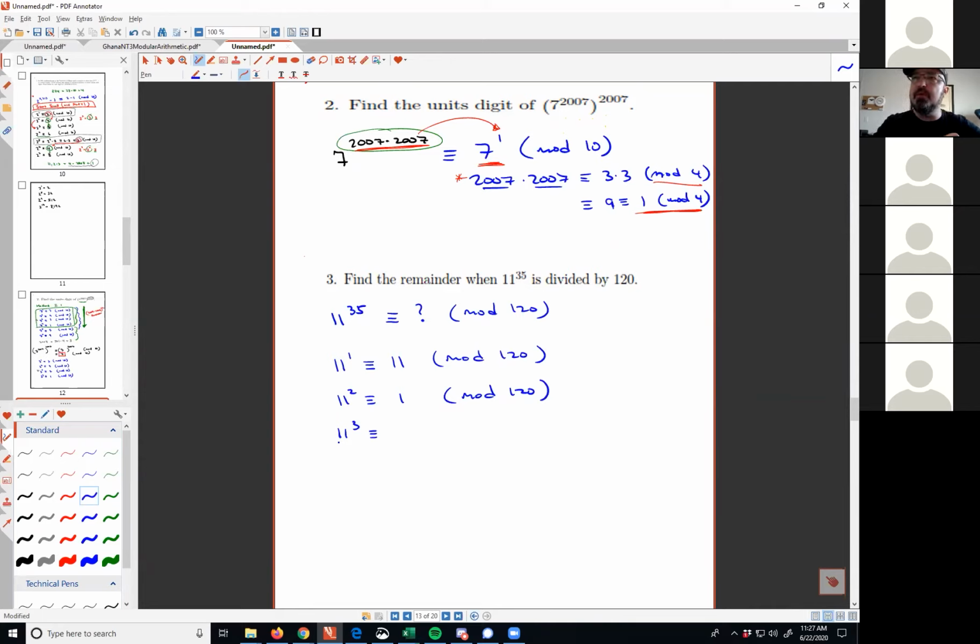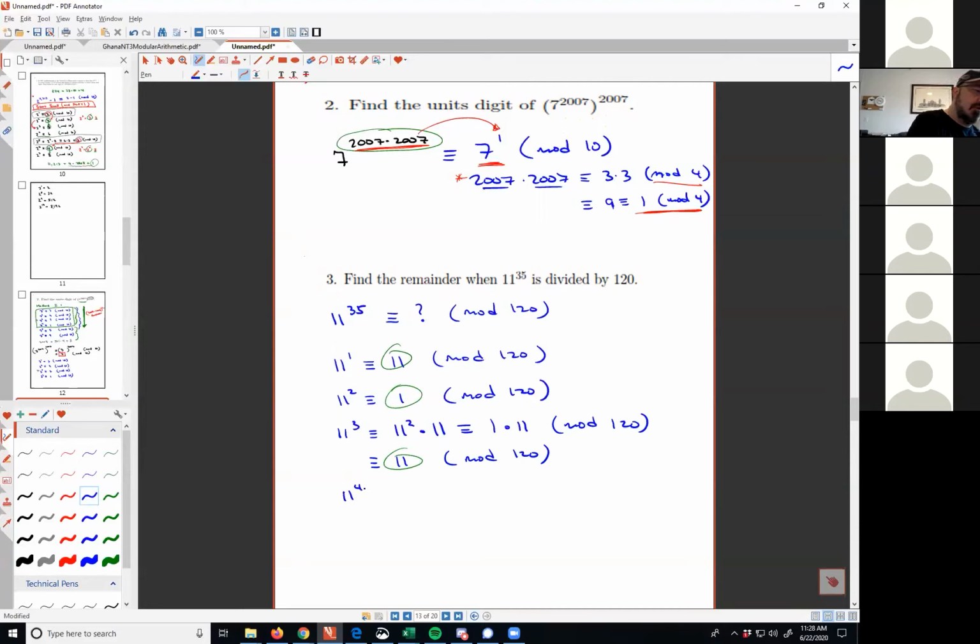We're looking for what we get when we divide by 120. Oh, 121. Is it 11? So it'll be 11. It's 11 squared times 11, and we already know that 11 squared is 1. So we just get 11 modulo 120. So we get 11, 1, and we already start back over at 11 again.